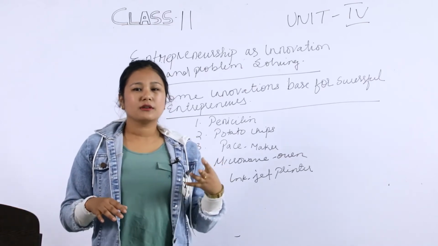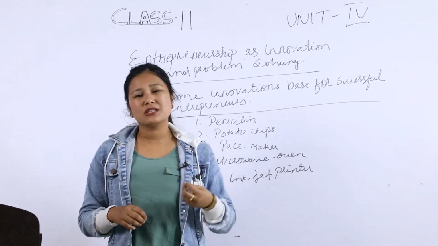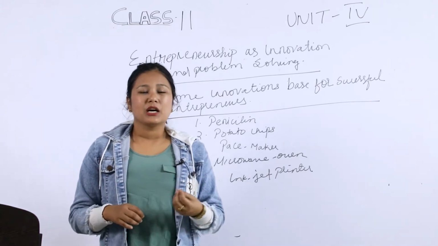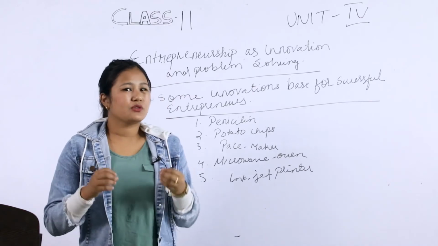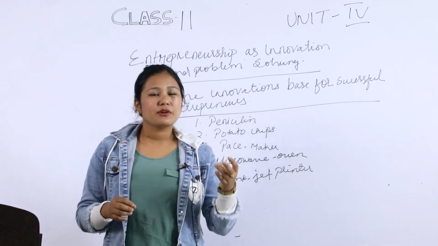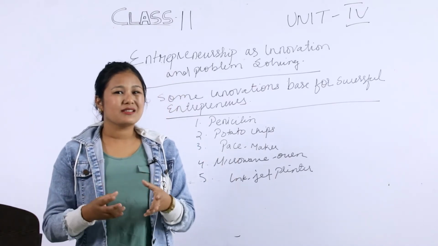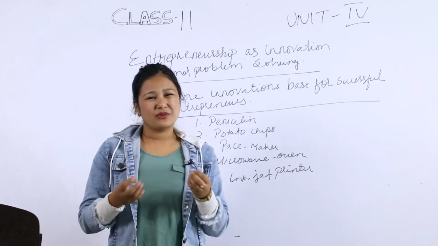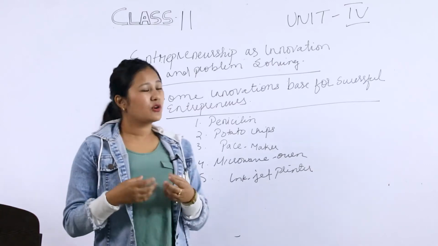He even said that entrepreneurs are those people who combine those factors of production, that is land, labor, and capital, and come up with a particular product, which is an innovation. So there is a direct relationship between problem and opportunity, or problem and idea.